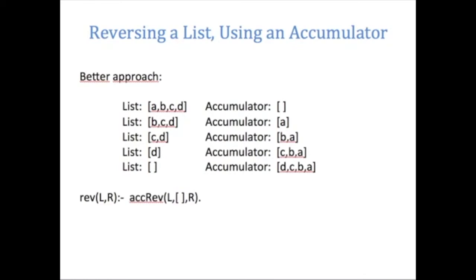Now, we don't really want to have to call every time we want to reverse something with an accumulator. We'd rather just call reverse than worry about extra arguments.